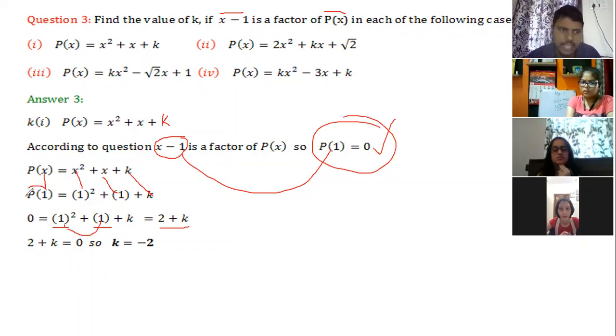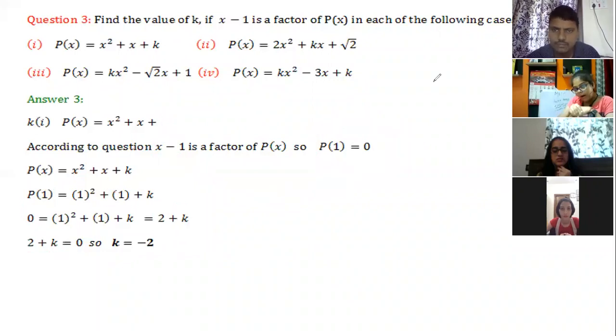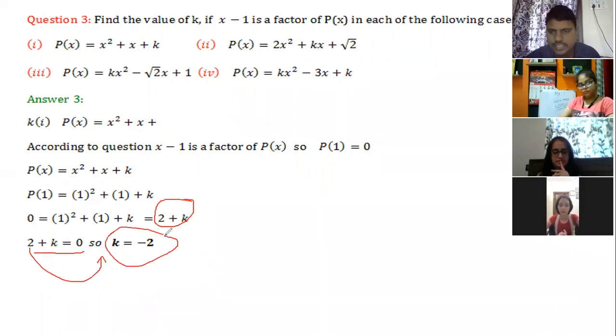That means here 2 plus k is equal to 0. So plus 2 on this side, minus 2 on the other side. So k is equal to minus 2.